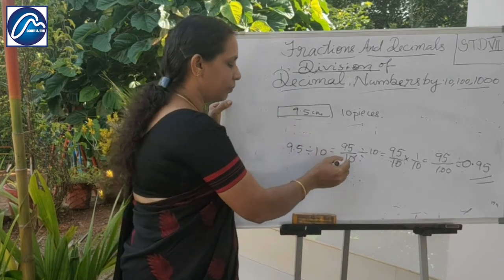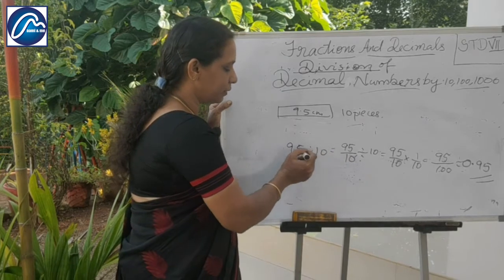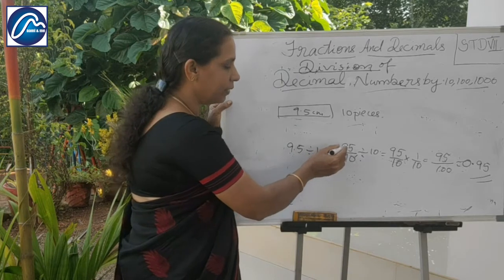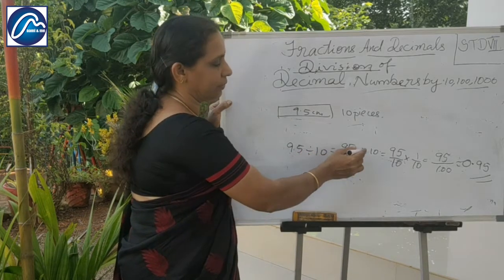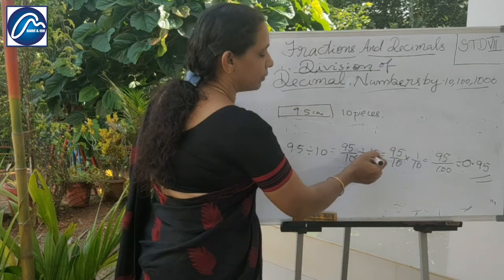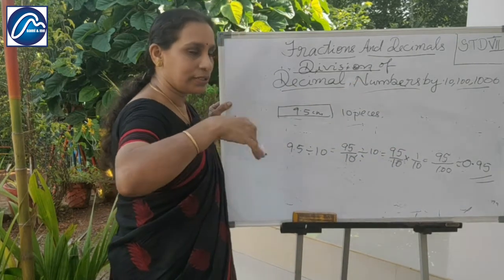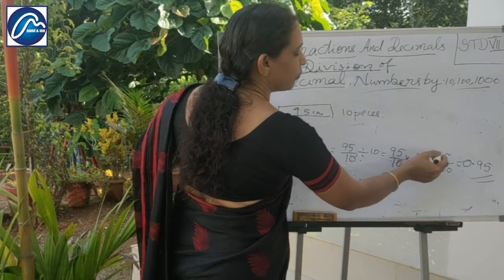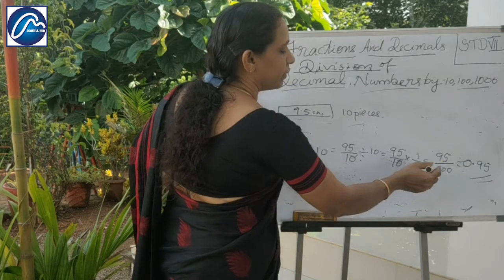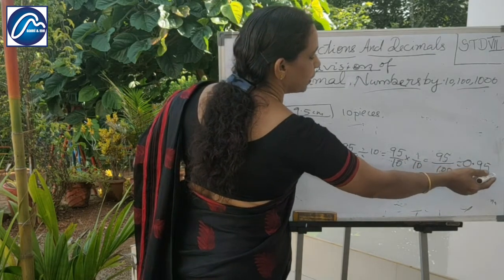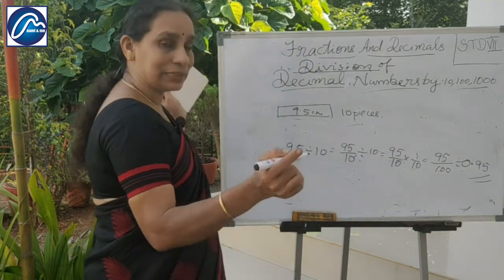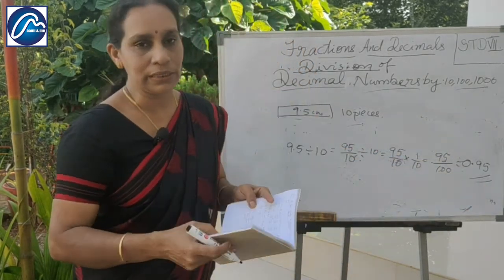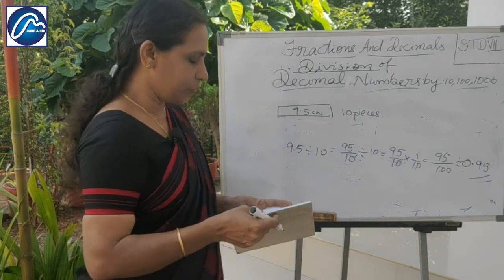So it is 95 by 10 divided by 10. When you divide, you have to take the reciprocal, that is 1 by 10. Multiply the numerators, 95 into 1, 95, and 10 into 10, 100. This we will write as 0.95. That is the answer. That means one piece will have a length of 0.95 centimeter. Okay, is it clear? We will give you one more example.